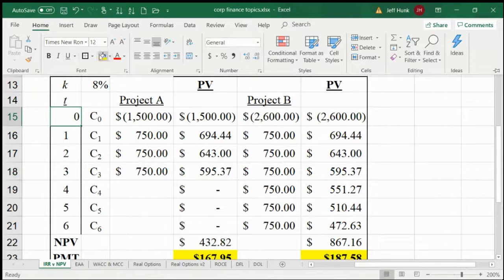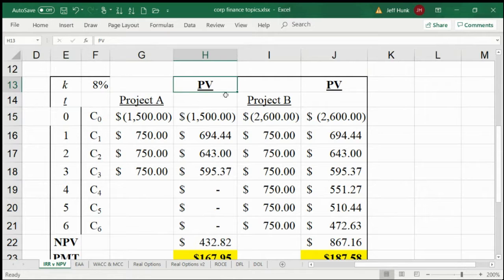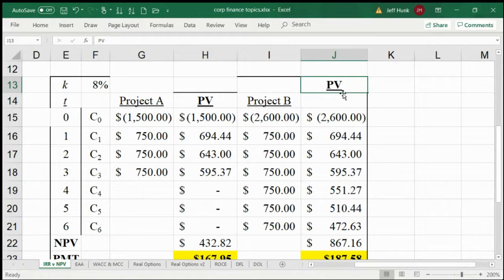Okay. It needs to be consistent, right? Center line, and then present value.